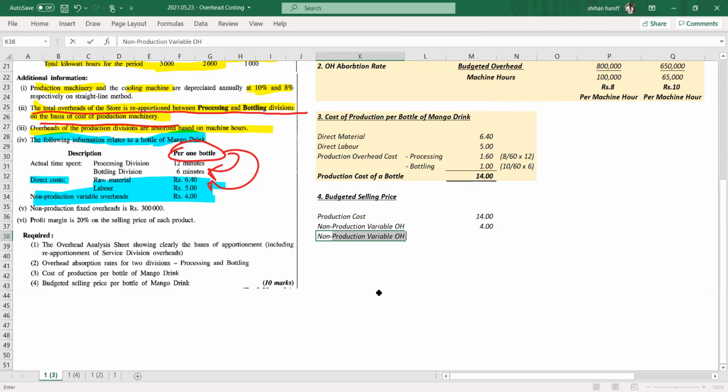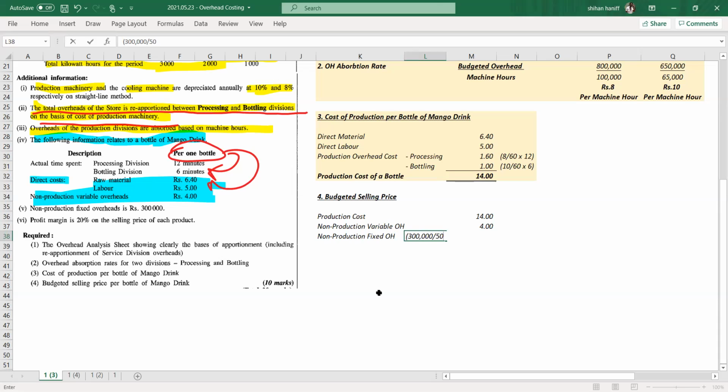Then non-production fixed overheads: 300,000 is the total. 300,000 is the total for 50,000 units.